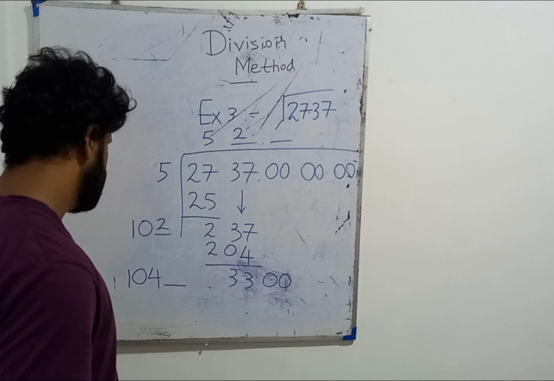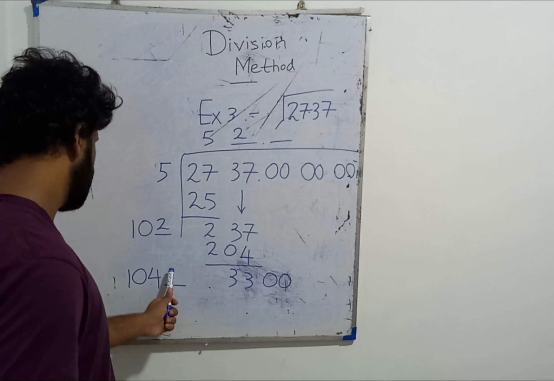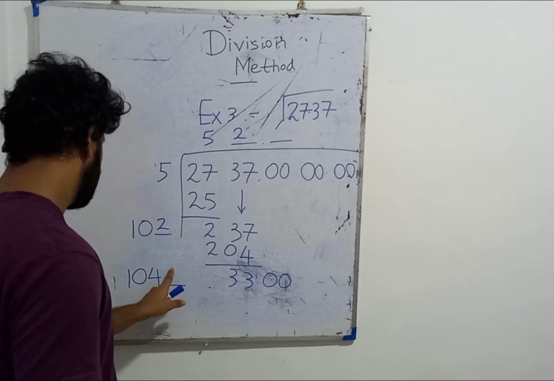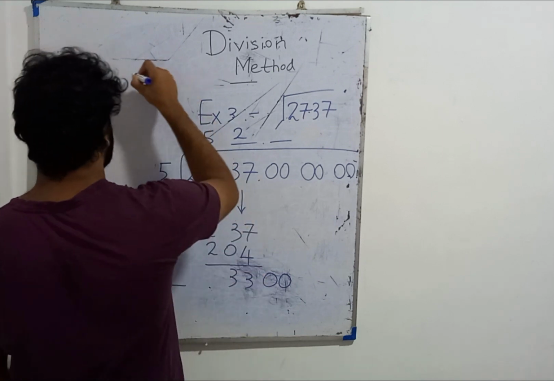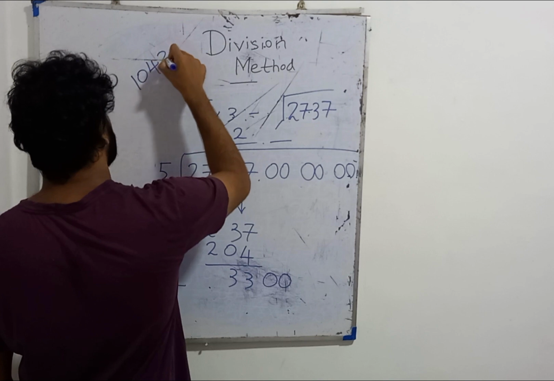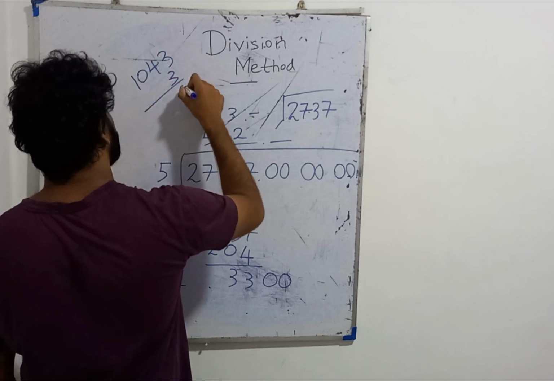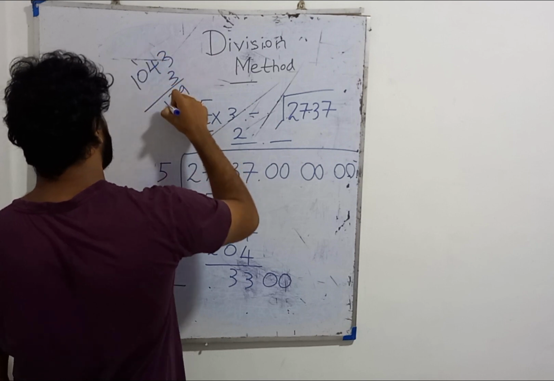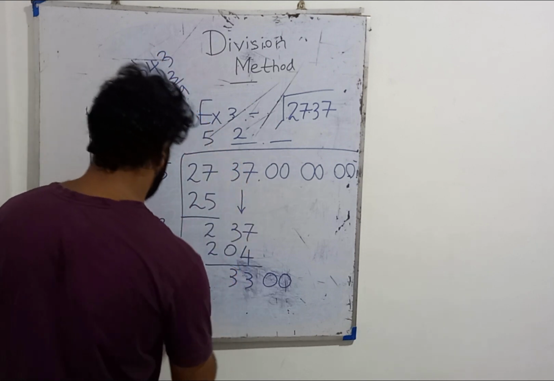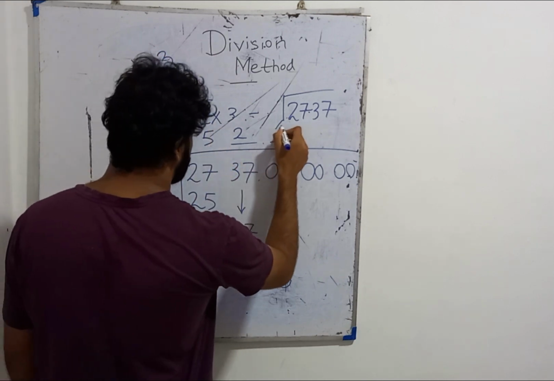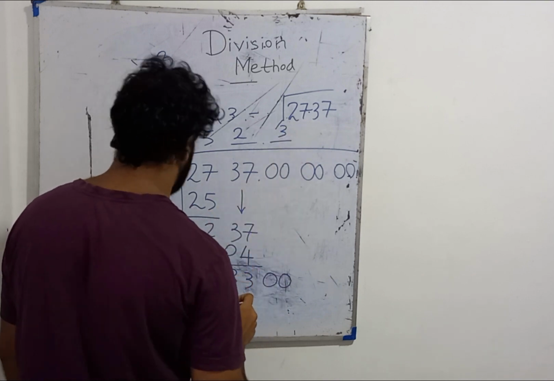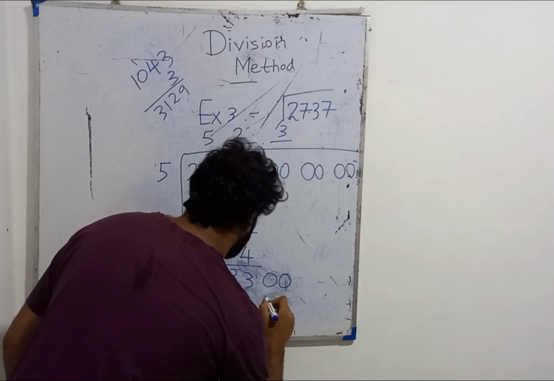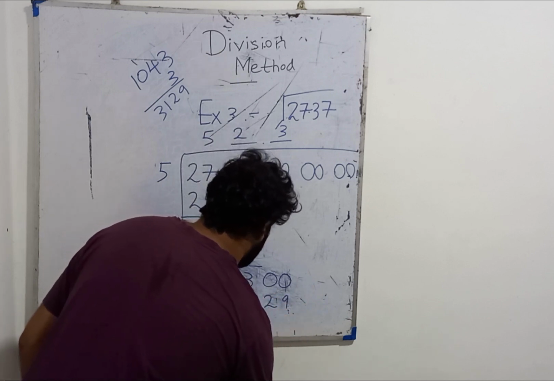Then you can add 3, yes, of course you can add 3, right? If you add 3, then 1043 into 3, 9, 1, 3. You can add 3, of course. Then this is going to be 3129 with the remainder.